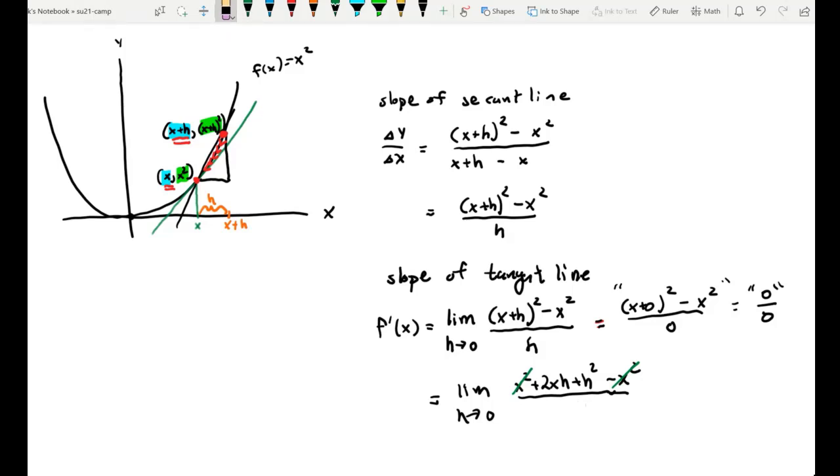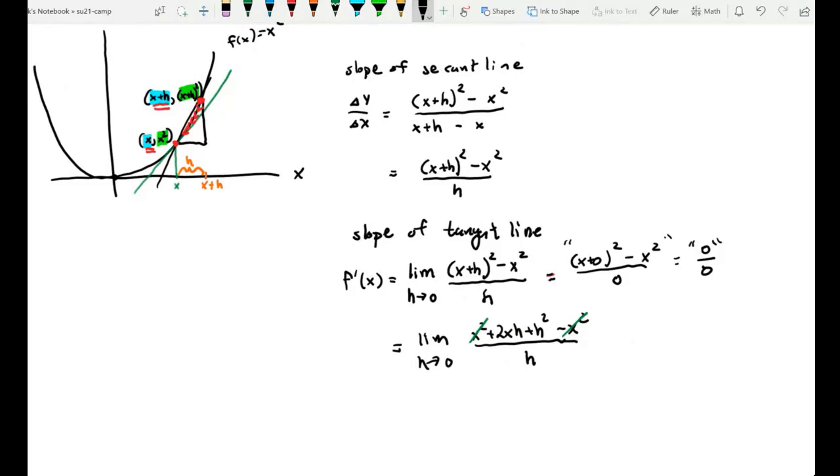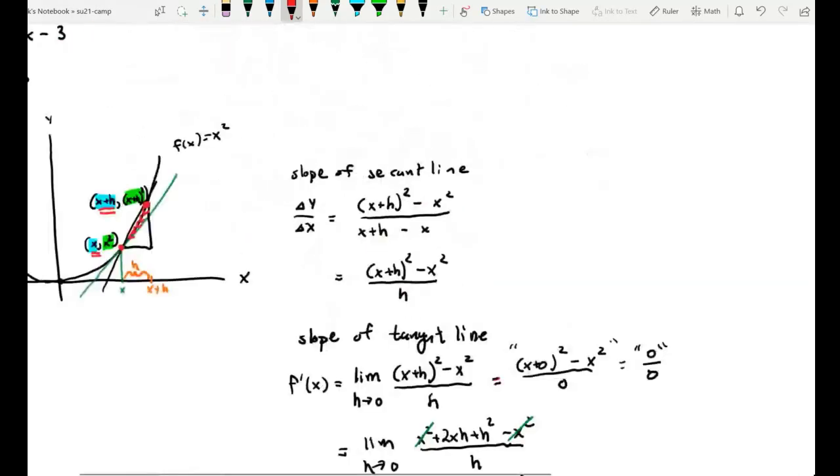Okay, and then we're going to notice that all the terms in the numerator have a factor of h. And this is something that's going to happen often, especially with algebraic functions. So I factor out an h in order to more clearly demonstrate that we have a cancellation. Now remember, h is not 0. h is merely approaching 0. Okay, so now we are free to evaluate the limit directly.